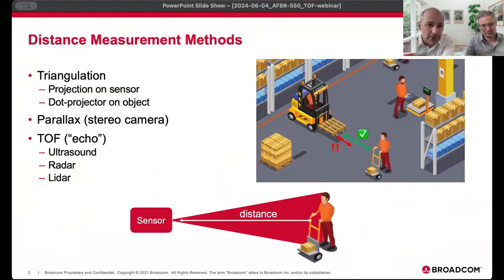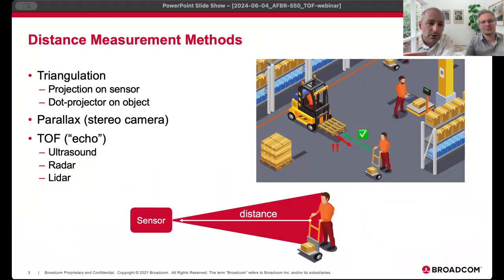The methods to measure distances are manifold. For example, you could measure distances by triangulation, by projection of reflected light onto a sensor, a CCD line array, or you could use a dot projector onto an object. But you could also use stereo cameras. This is the parallax method, where you take two images of a scenery, compare them, and actually get a depth image.